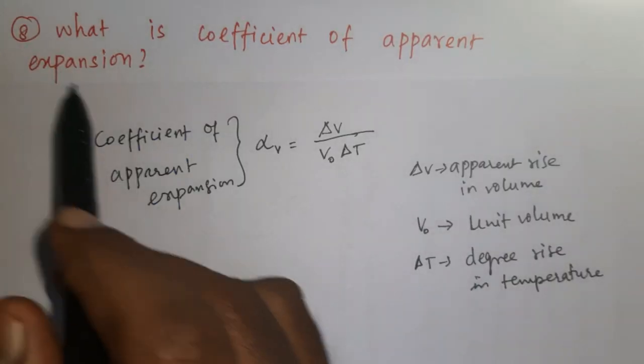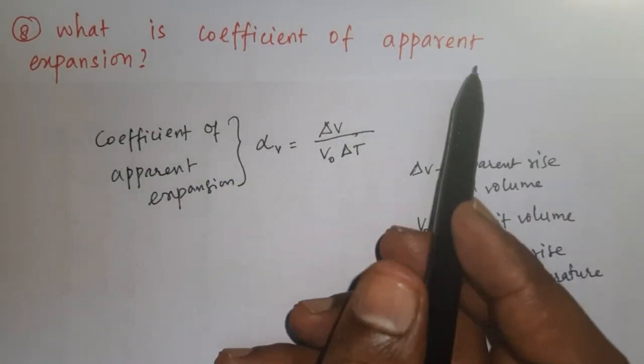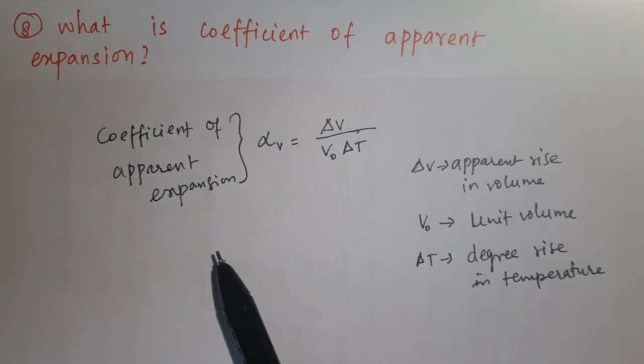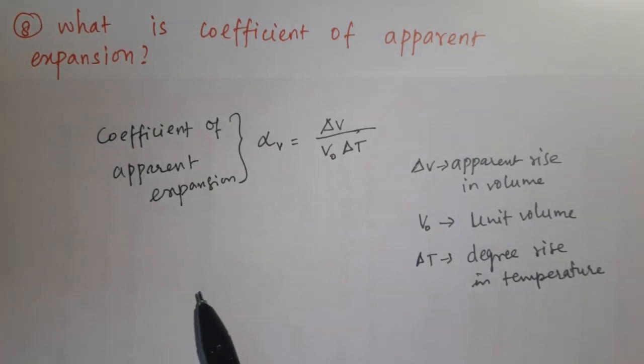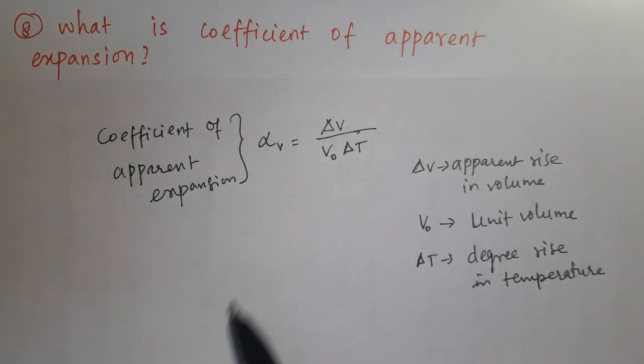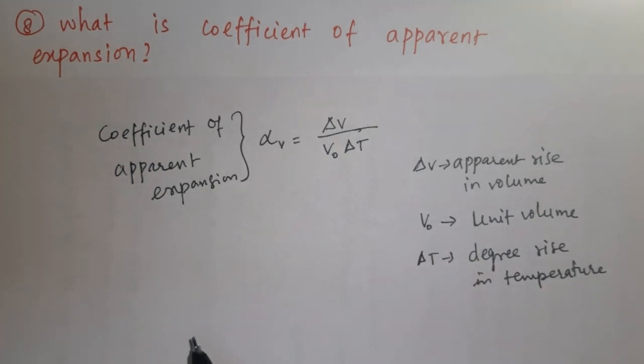Question number 8. What is coefficient of apparent expansion? If you apply heat to any substance, it is going to expand. If it is calculated as apparent expansion, we define the coefficient of apparent expansion. Apparent in the sense approximately it is going to expand.